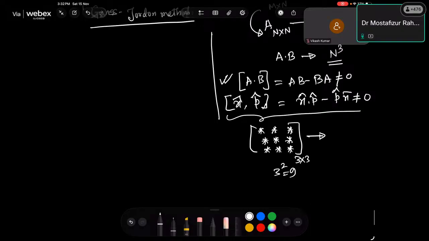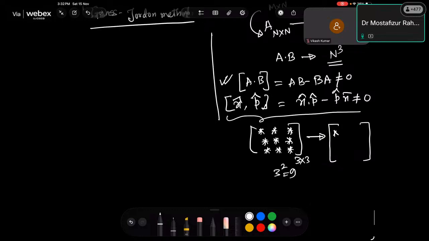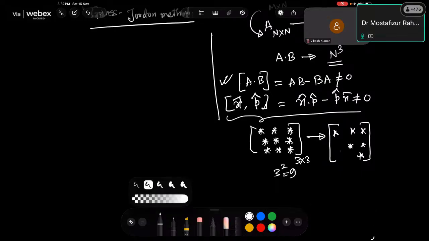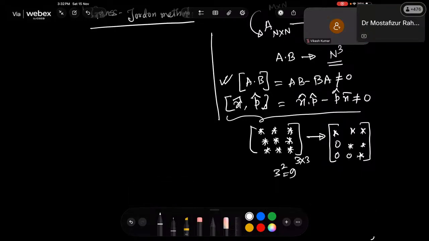Later, I'll see if there is a way that I can represent the matrix in a better way. For example, can I represent my matrix only in the upper diagonal case like this and the rest as 0, for example, this way?